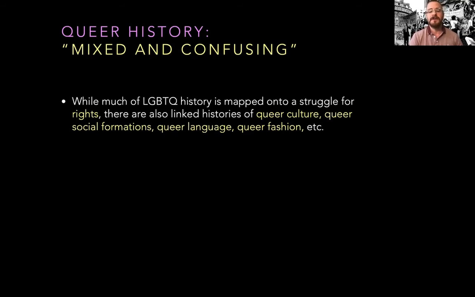There are histories of queer social formations like communes and bars and parades and polyamorous families and all kinds of different kinds of social networks, activist organizations that queer people have developed to deal with the pressures of dominant society.